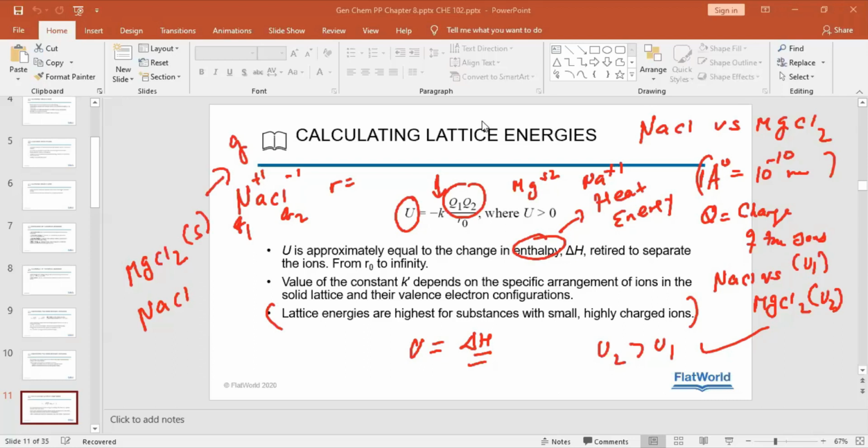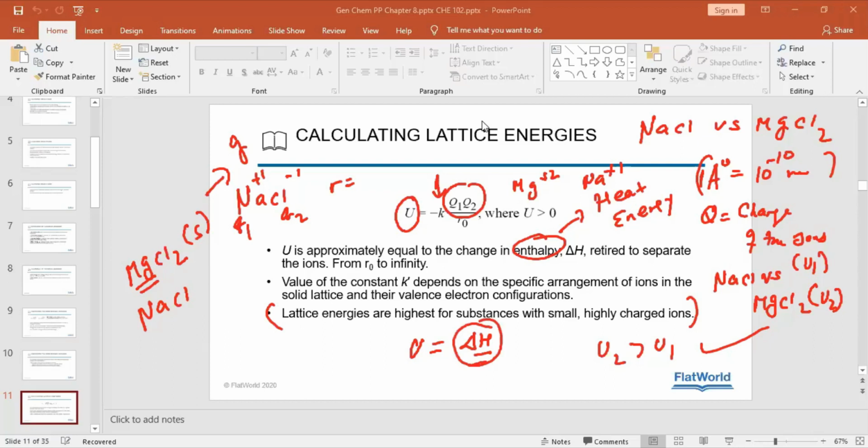That means magnesium chloride would have a higher boiling point than sodium chloride, in order to break up the ions completely into magnesium ion and chloride ion, because of the charge of magnesium.